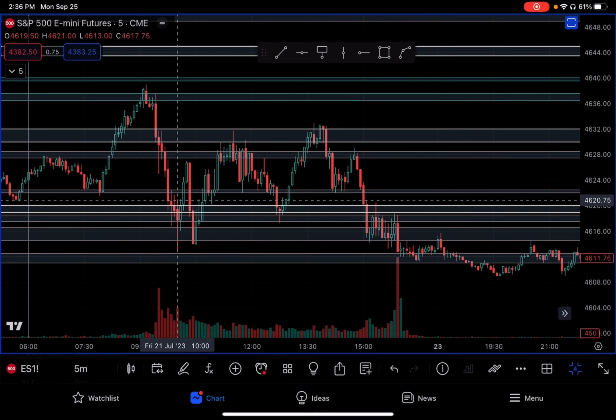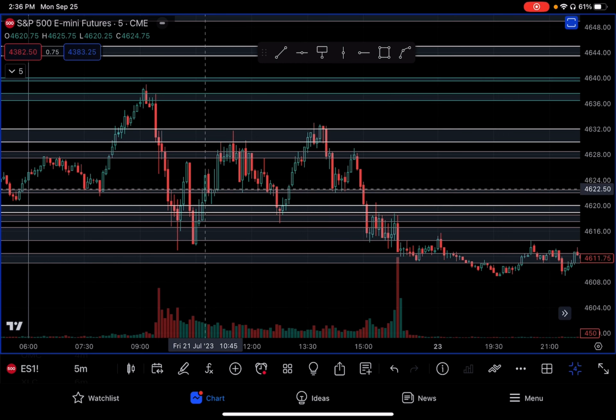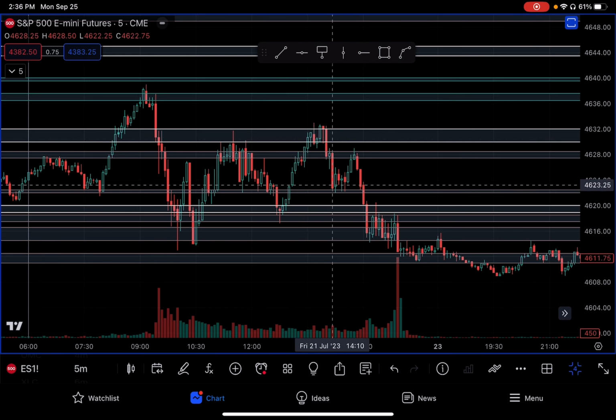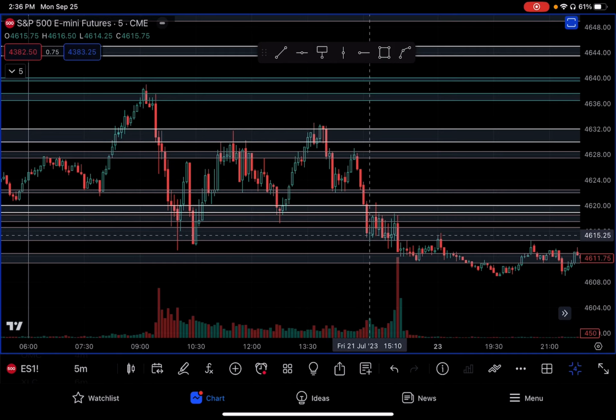So here is a trade off of this LVN up to here. Again, it travels up to here and hits the next major LVN. Here's a trade here, a 3-bar reversal up to the next LVN. Here's one down, and here's a second rejection, a 3-bar reversal down, and then at the end of the day, it consolidates right underneath.